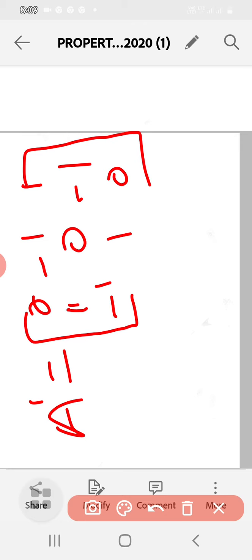So this is the transpose of the given matrix, A dash.